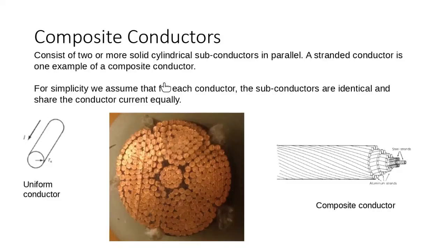So when we have this, what you see here is the composite conductor. This is one conductor, but a stranded conductor, consisting of a number of strands, as you can see on the picture here.